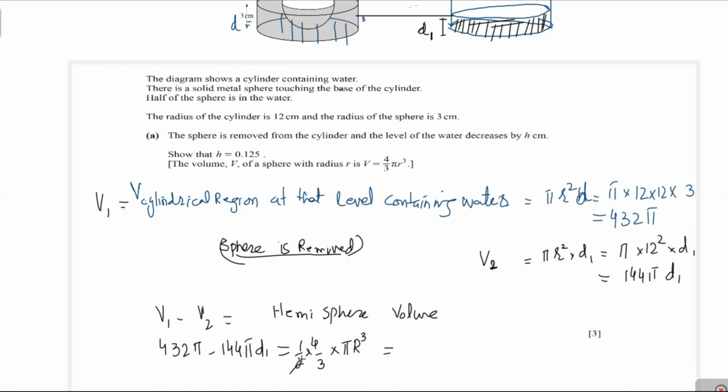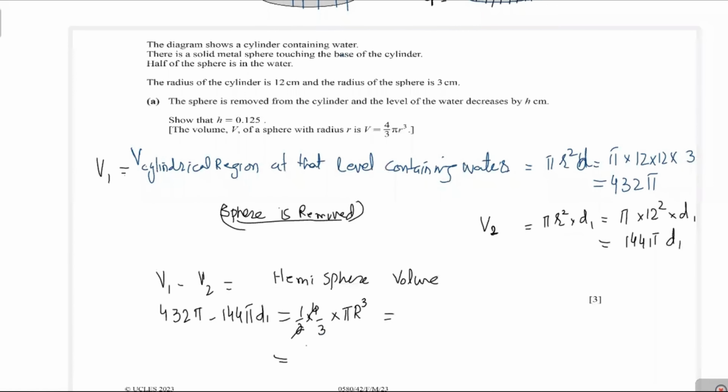Now you can write it as 2/3 pi into radius of the sphere is 3 cube. Now 3 into 3 into 3. Now we get the value that will be equal to 3 to the 9, 9 to the 18 pi.